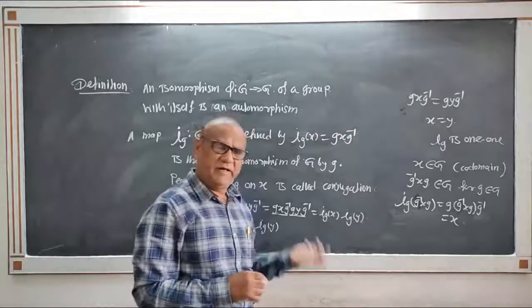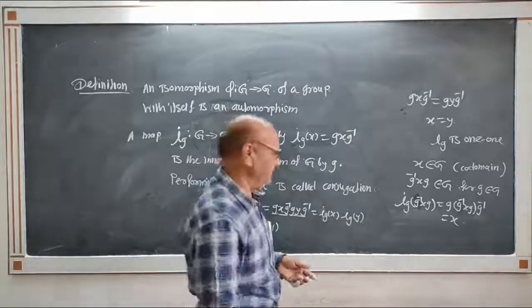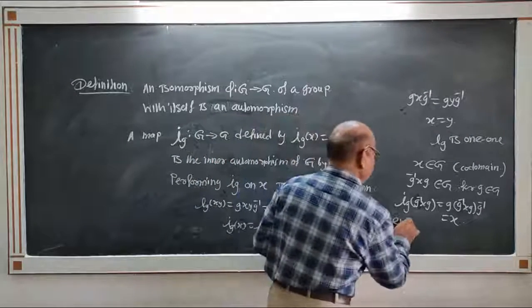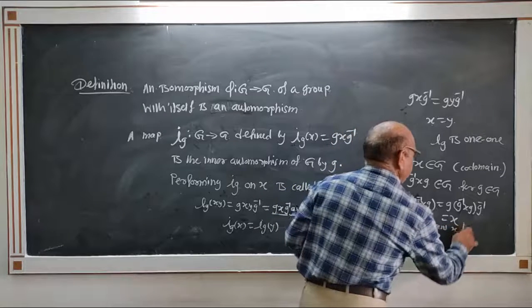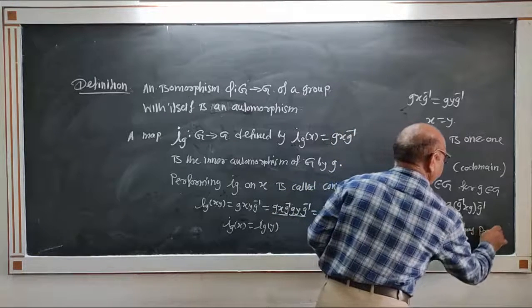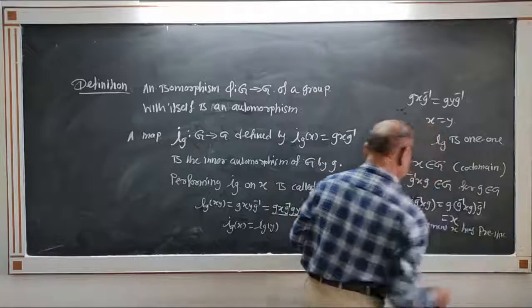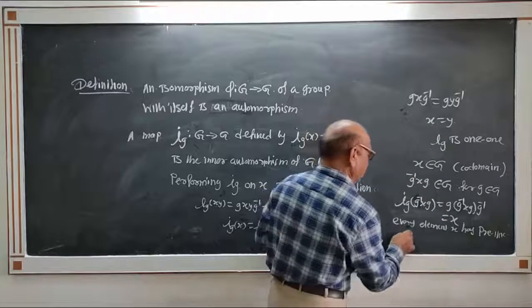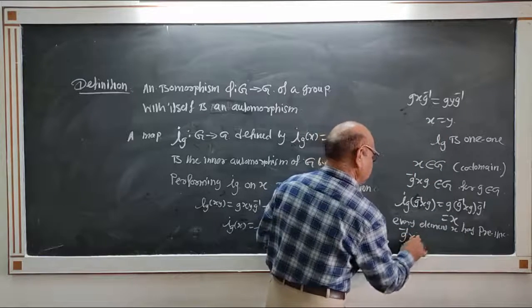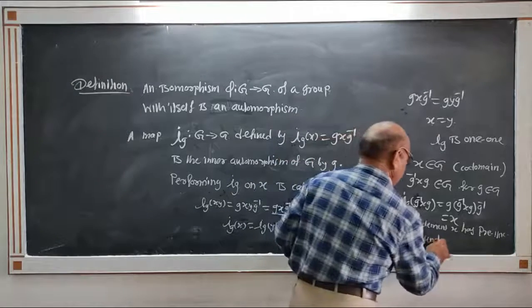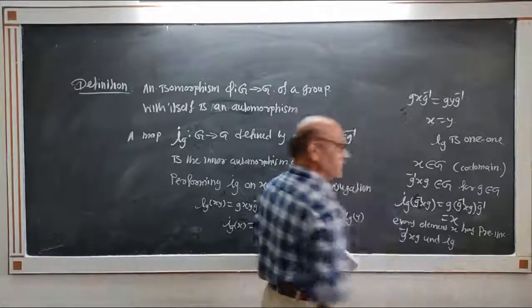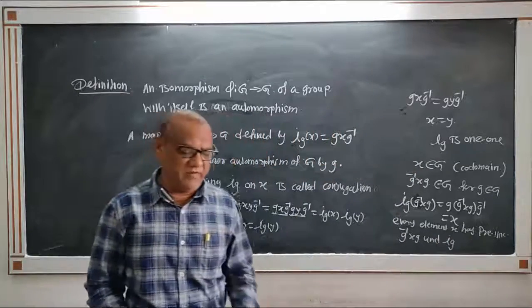That means every element x has a pre-image, g inverse x g, under I_g. So I_g is an onto map.